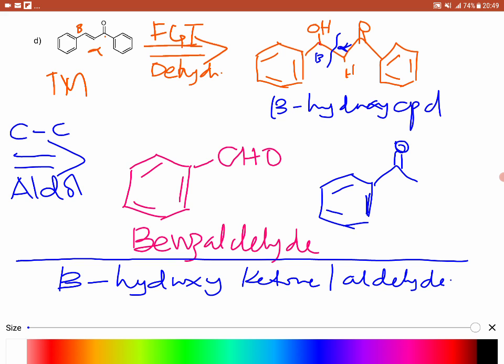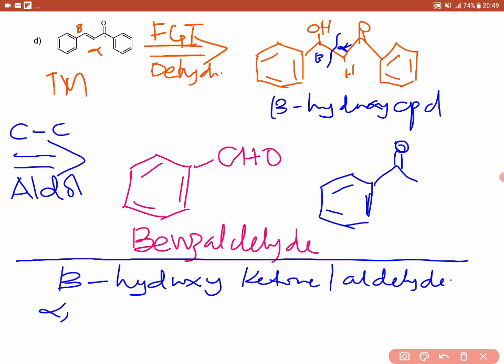Or if we are able to recognize an alpha beta unsaturated ketone or aldehyde, then again this is a suggestion that the molecule is made by aldol reaction.